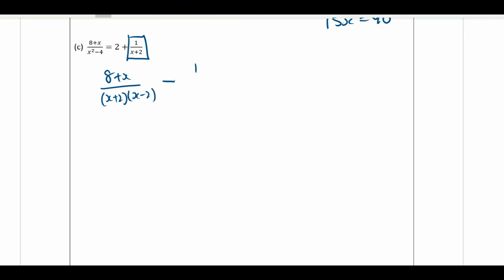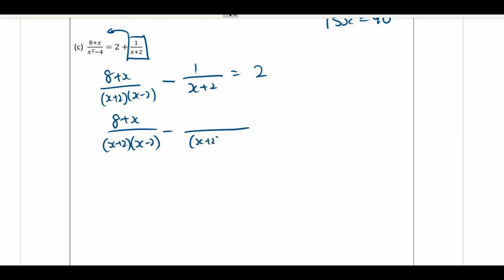So this is minus 1 over x plus 2. When you bring this whole thing over, here is plus, you bring it over, it will become minus. Equals to 2. Same thing, make common denominator, x plus 2, x minus 2. This is x plus 2, must times x minus 2, times x minus 2, yeah? So remember to bracket up your x minus 2 for the numerator.